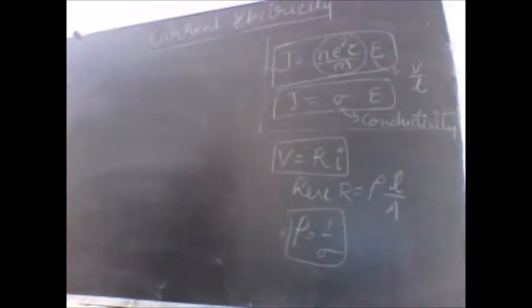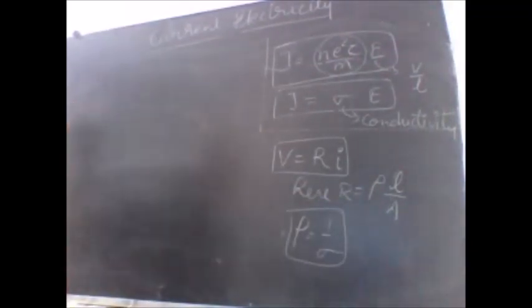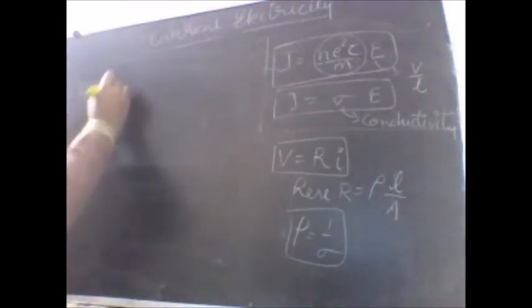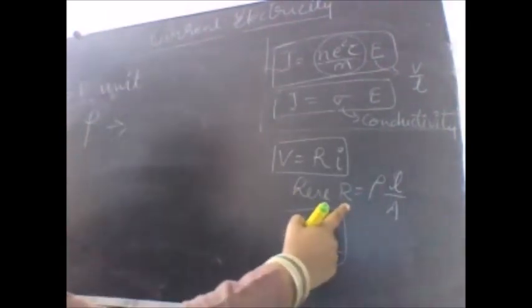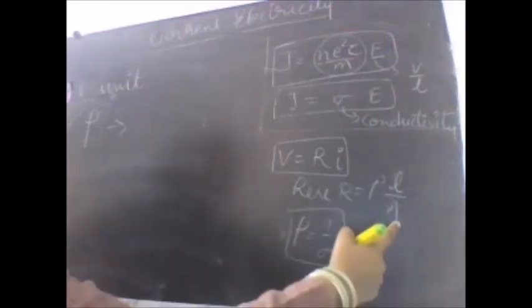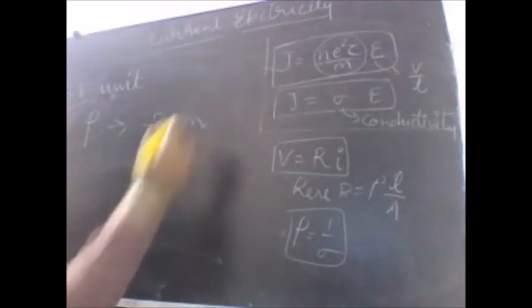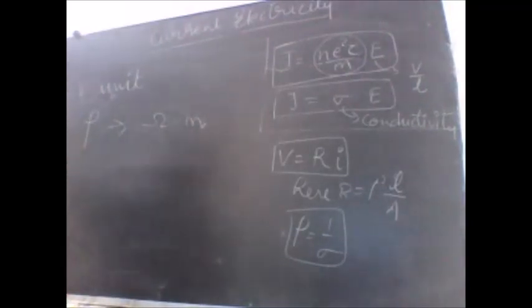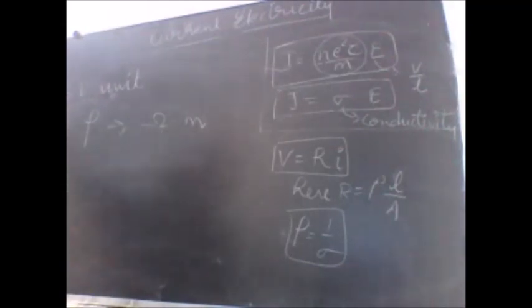Let us spend some time on the SI units of the different quantities we have just introduced. First of all, rho here. What should the SI unit for rho be? SI unit for the resistance you all are aware of, and this is 1 by meter, so it becomes ohm meter. Ohm is the symbol for the SI unit of resistance.